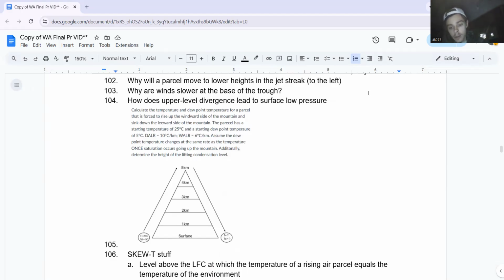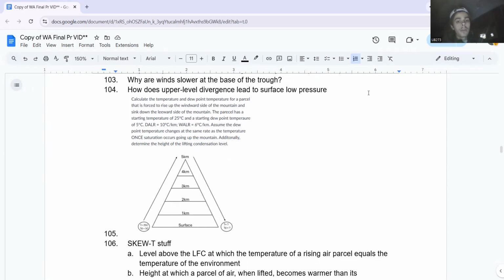Because there is a tighter gradient of heights in that jet streak, and the pressure gradient force increases because of that. And now there is ageostrophic flow, where the pressure gradient force is greater than the Coriolis force, so that's what causes it to move. Since the pressure gradient force points towards the lower heights, the parcel will move to the lower heights because it always goes from high to low.